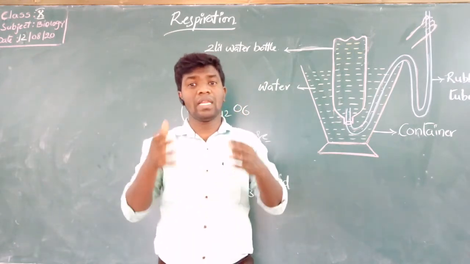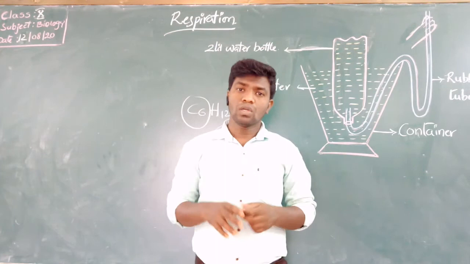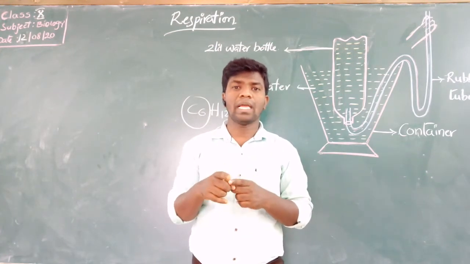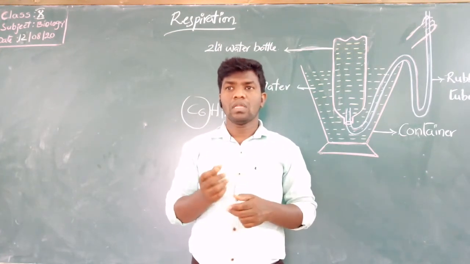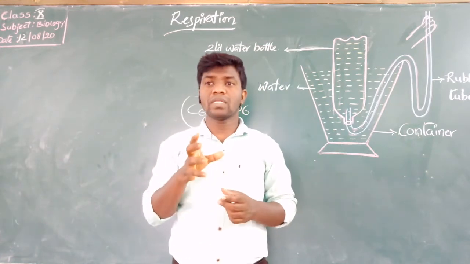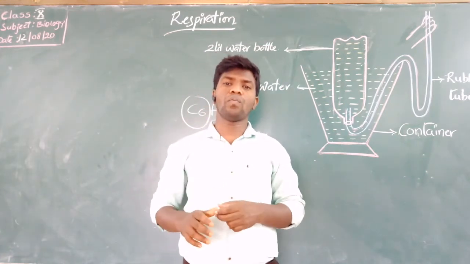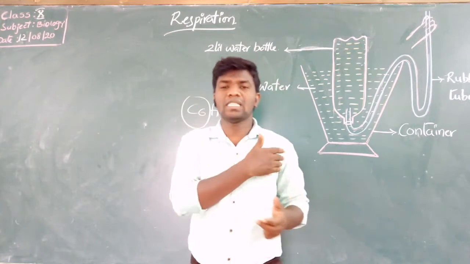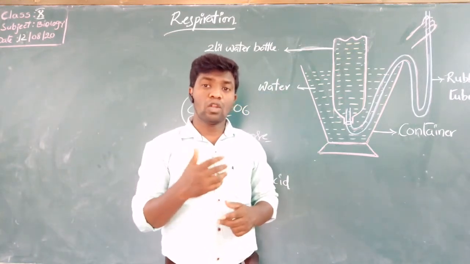It occurs even in the absence of oxygen. Carbon dioxide is produced here. As we discussed in the previous class, a little amount of energy is released in this process of anaerobic respiration.